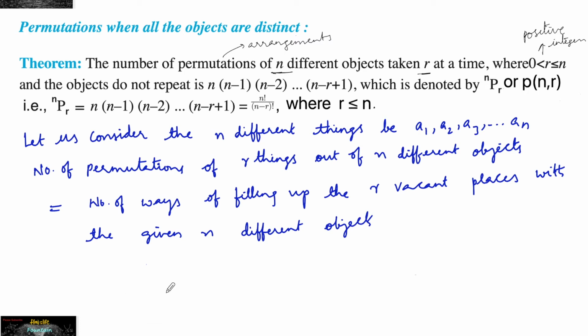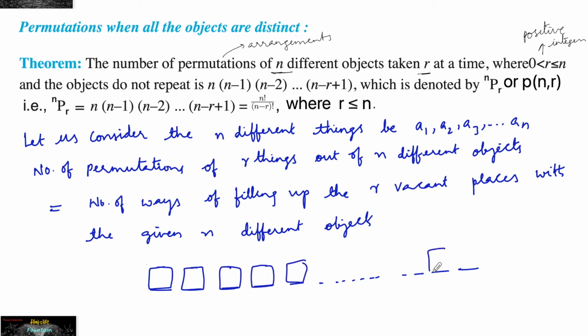So let us take r different spaces 1, 2, 3, 4, 5, 6 and so on r minus 1 and r. Let me take this as boxes, r boxes. This is the first box, second box, third box, fourth, fifth and so on. This is r minus 1 and this is the rth box.